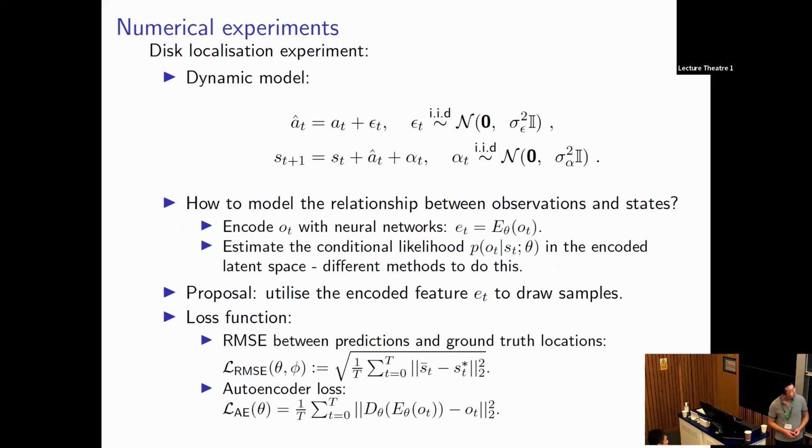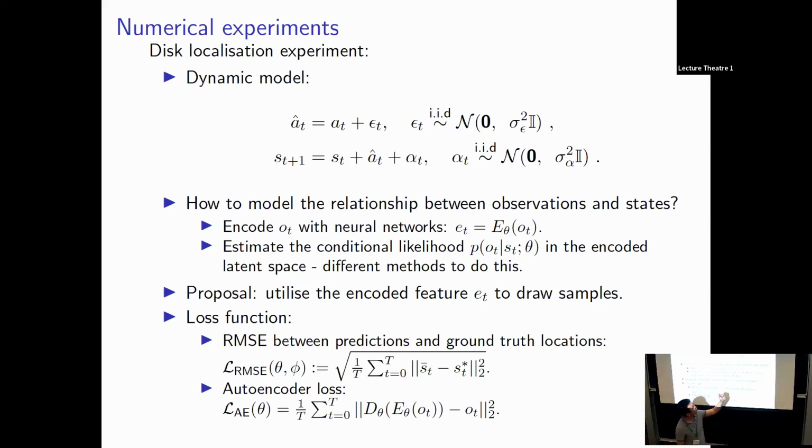Because the images are in a much higher dimensional space, we use an encoder to map the observation to some encoding e_t, but you don't want e_t to be uninformative. So you also want to reconstruct the observation based on e_t, which involves this autoencoder-type loss, and we also want to minimize this.